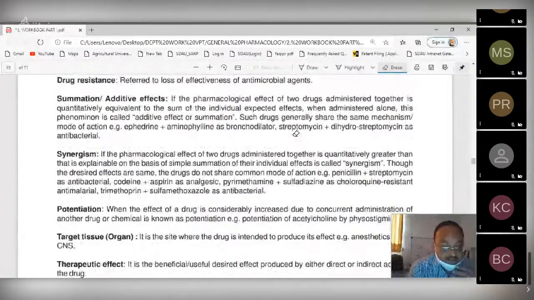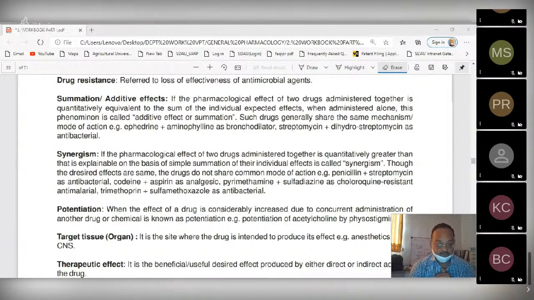So you can see the different terminology. Now additive. When you give two drugs combined, say for example drug A and drug B, there are three possible ways.